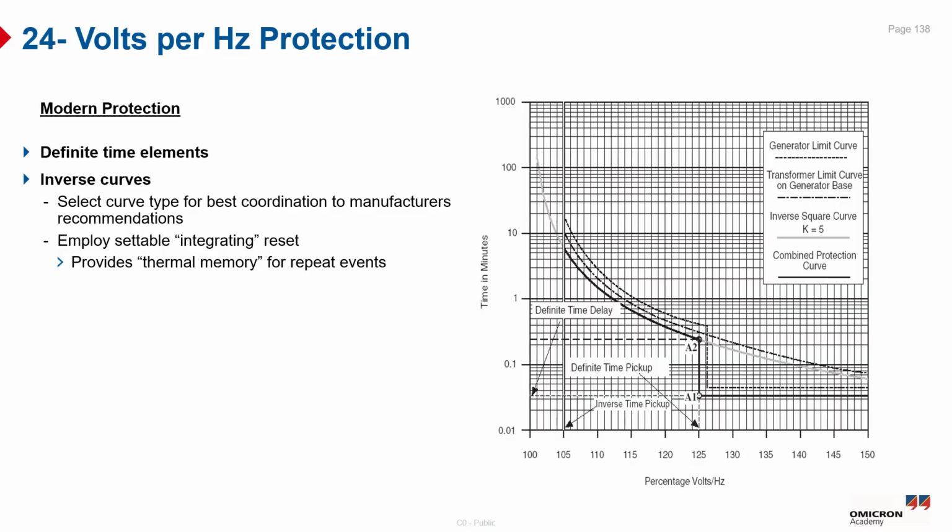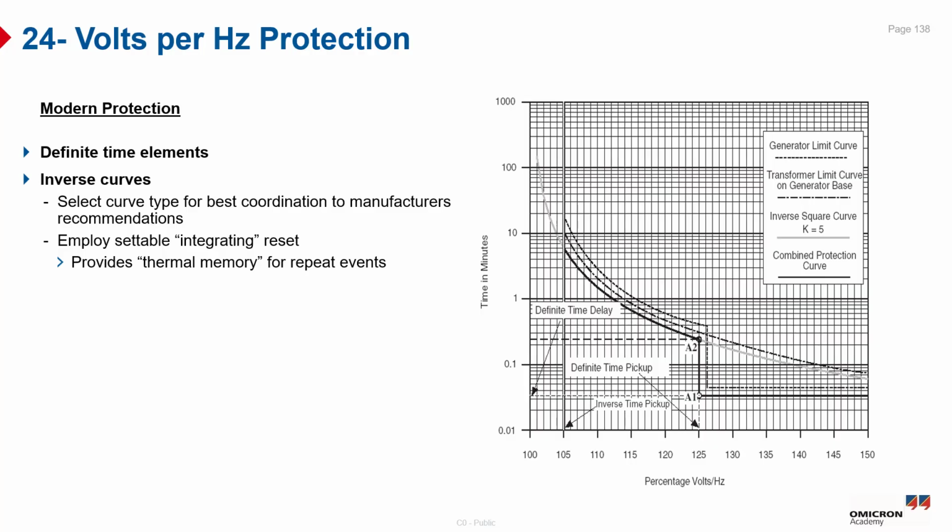This ensures that the generator is protected from cumulative thermal stresses. Typically, the manufacturer provides the V over F curves showing the permissible operation limits, which guide the settings. Many modern relays combine definite and inverse time characteristics in a single device, optimizing both fast tripping for extreme events and thermal-based protection for repeated and less severe events.